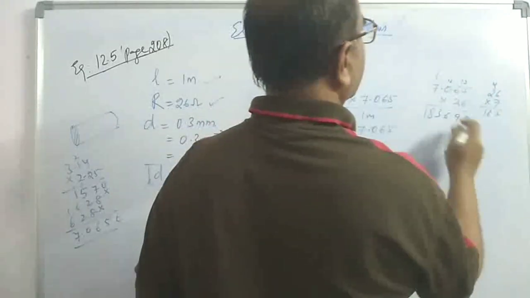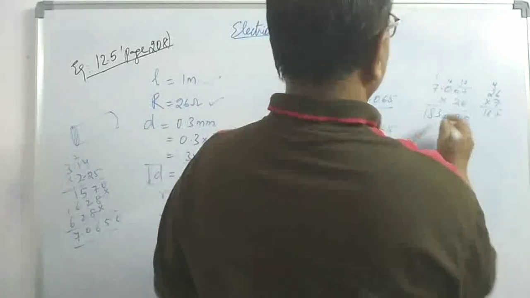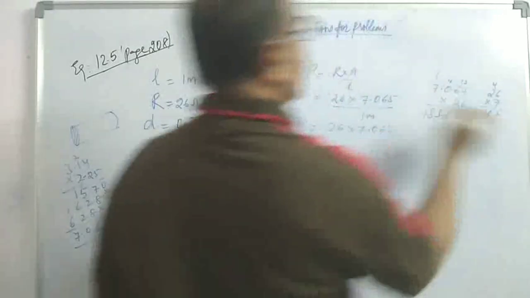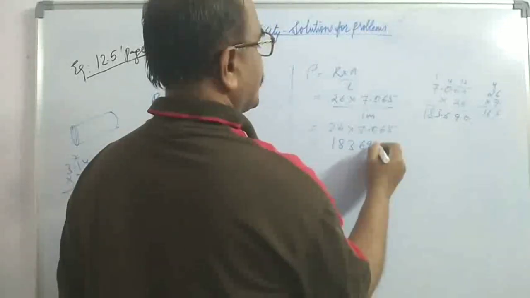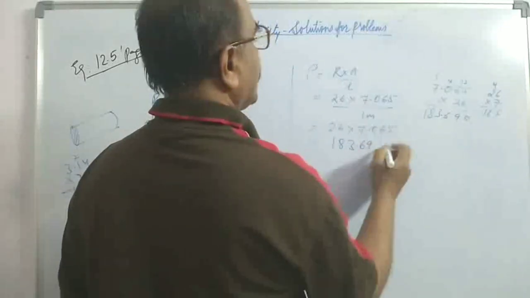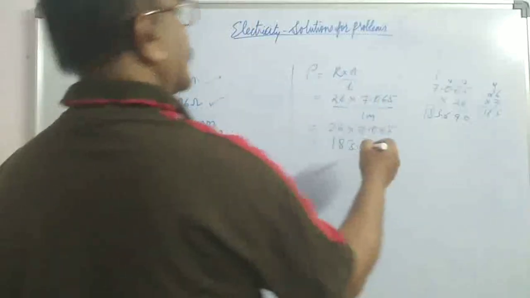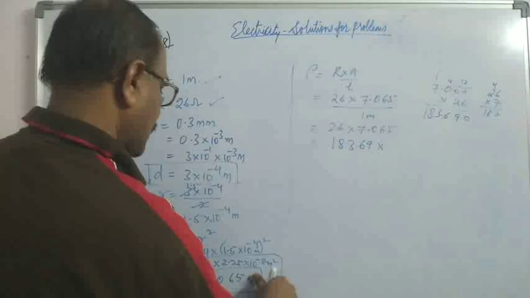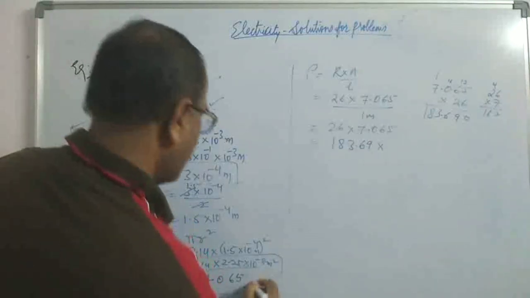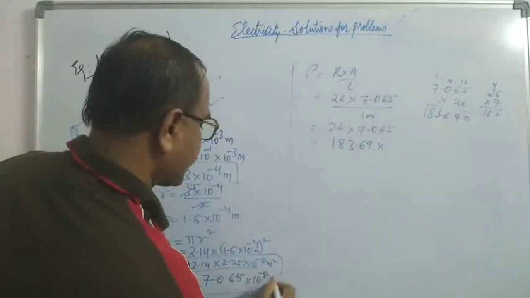Okay, right, good. So there we are, and that is 183.69, or simply 69 times that. Okay, sorry, I should have placed area as 10 power minus 8 meters square here.